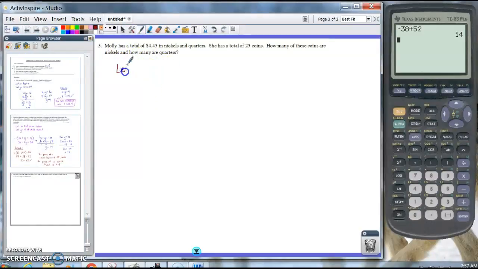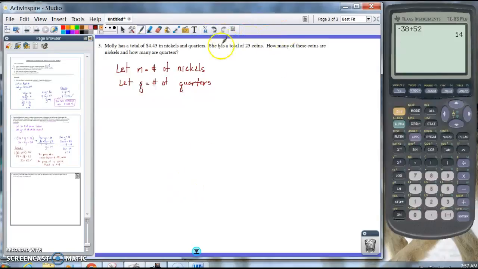So I'm going to this time use N and Q. So let N equal the number of nickels, and let Q equal the number of quarters. Now, we are going to set up two equations. This problem is a tiny bit different than the other two that we did.